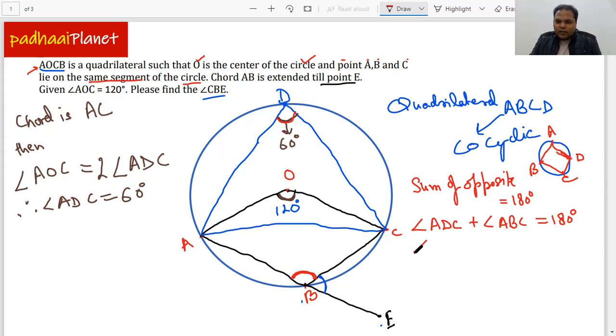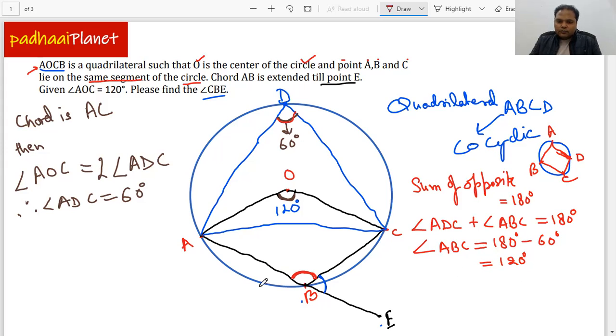Let's find angle ABC from here: that will be 180 degrees minus 60 degrees, and that makes it 120 degrees.